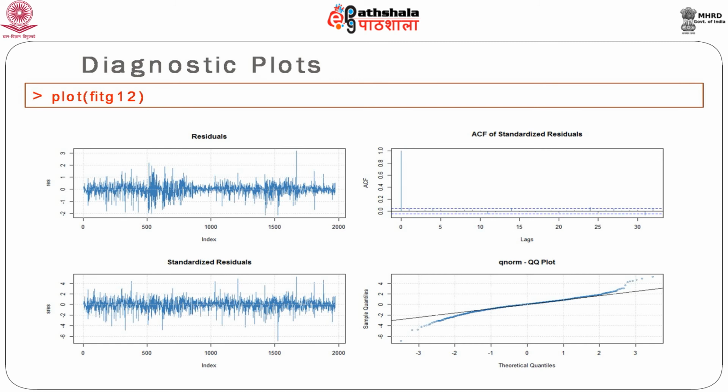The QQ plot indicates quite strong violation of normality. You can see the two extremes are far away from the line, indicating some violation of normality. So the normal distribution that I assumed may not be appropriate for this.